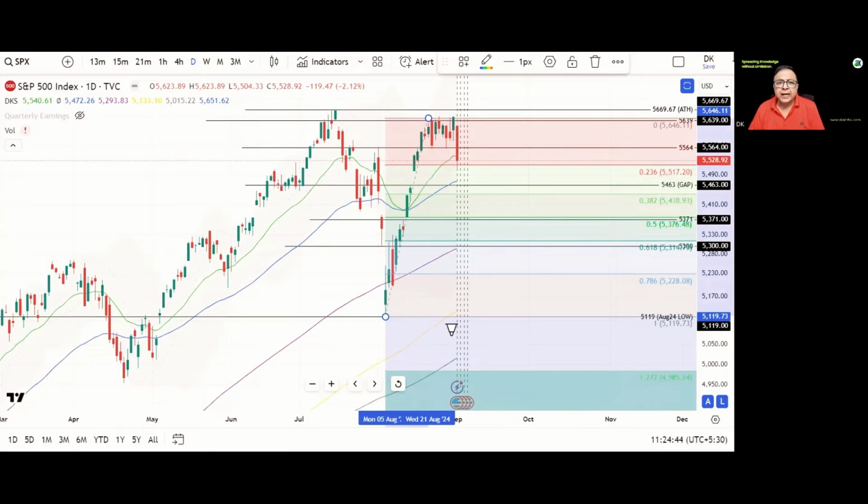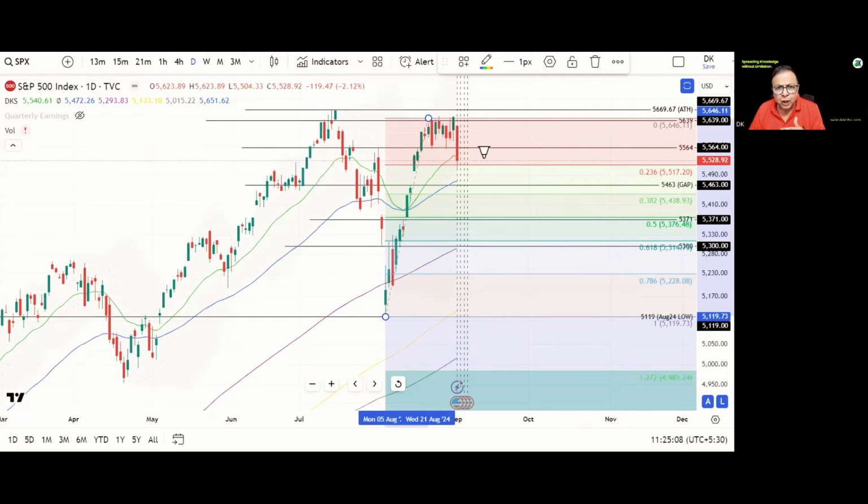So we may finally conclude, even if further falls take place, there is a possibility of good support in a zone of 5,400 to 5,463 based on the price action and retracement analysis. However, the possibility of recovery in the market from the current level cannot be ruled out.